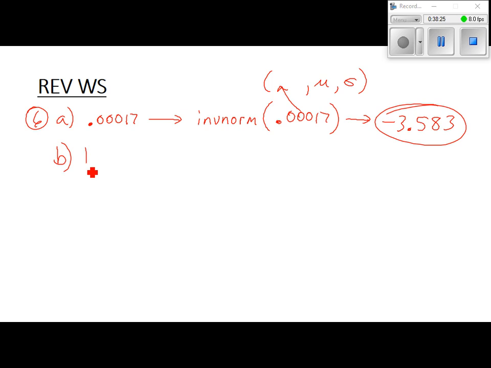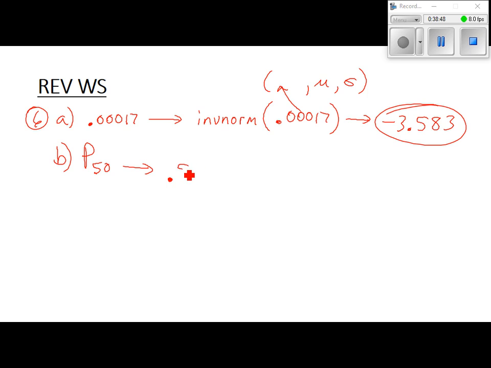Next one, 50th percentile. Probably won't have to use your calculator on this, but you need to recognize what this is. If we're at the 50th percentile, if we go back up here, we want to change that into an area so that we can use this, right? What would that be as an area? The percentage.